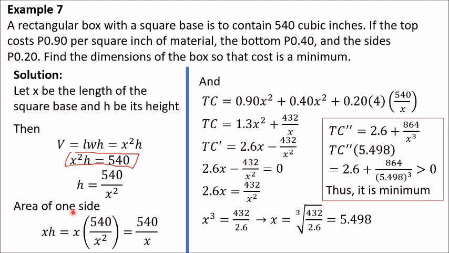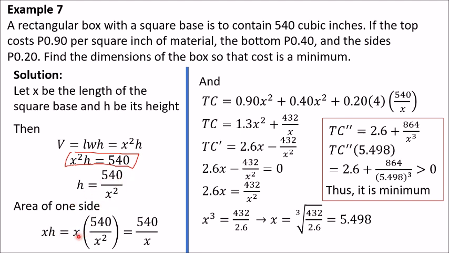So, the area of one side, yung side natin, yung box, alam na natin, meron siyang 4 sides. So, ang area niyan is just x times height. Yung x kasi yan yung ating length ng bottom natin. So, x times height. So, height is equal to 540 over x squared based on this.